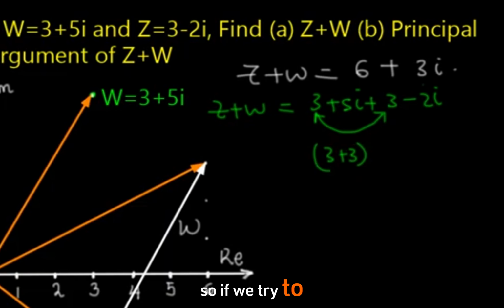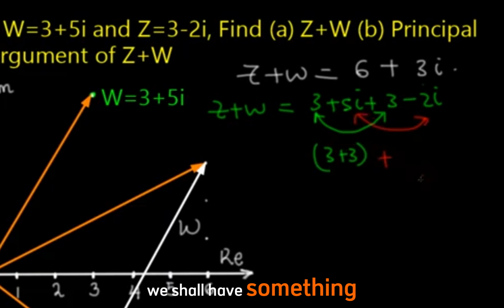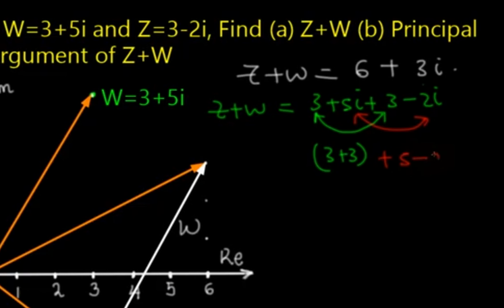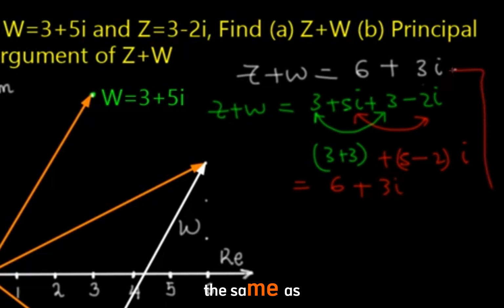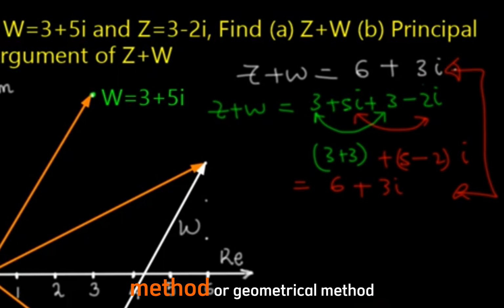So if we try to add, we shall have something of that kind. And 3 plus 3, this is a 6, plus 5 minus 2, that is a 3i, which is the same as our answer using graphical method or geometrical method.